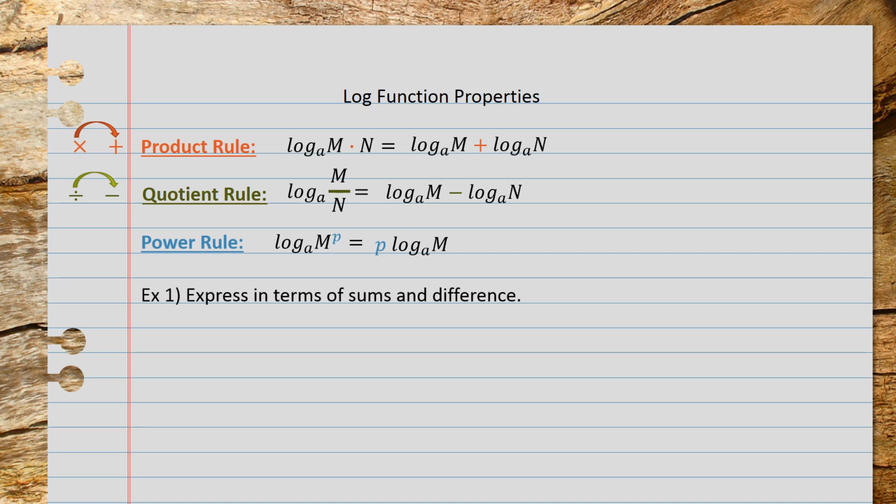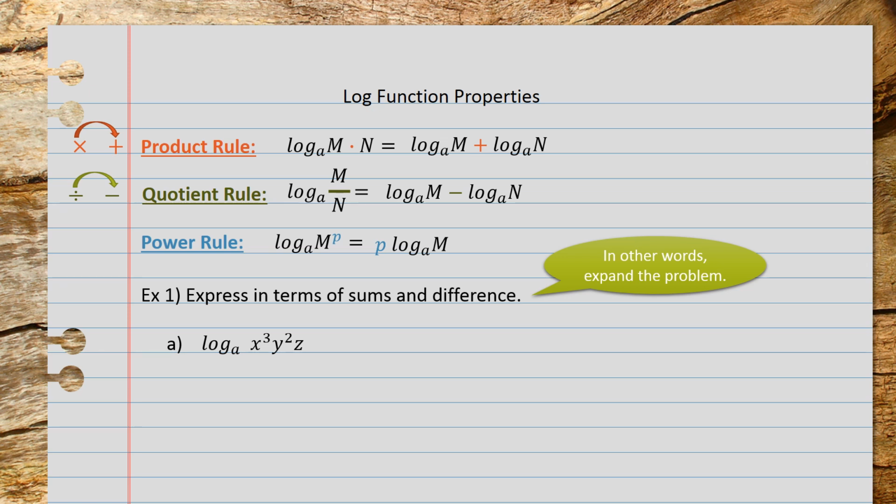Example 1, express in terms of sum and difference. In other words, we need to expand the problem. For a, we have log base a of x to the third y squared z. Now notice, log base a of something, there's a collection.